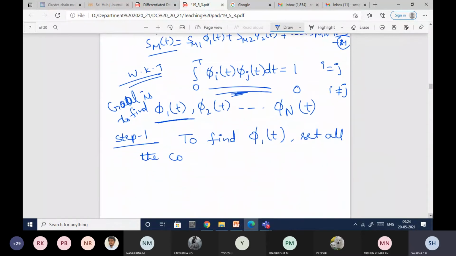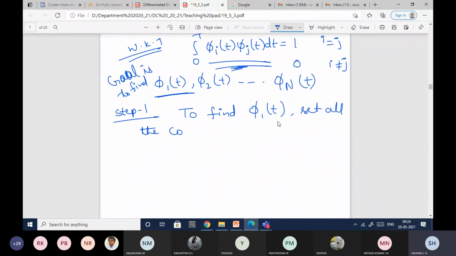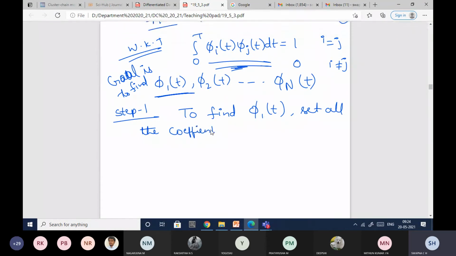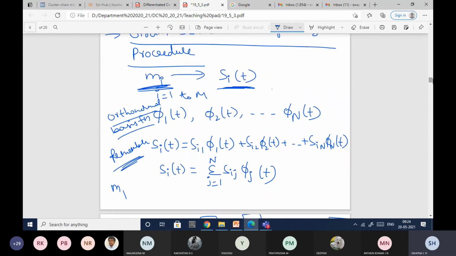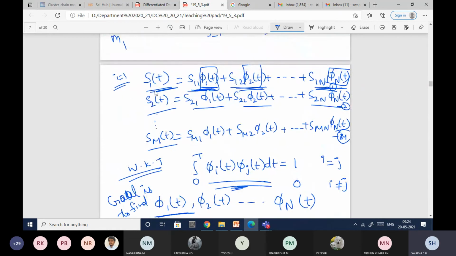So the procedure to find phi 1 of t is to set all coefficients equal to 0 except S11 in equation 1. Which is my equation 1? This is my equation 1.